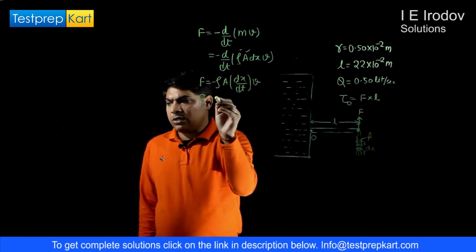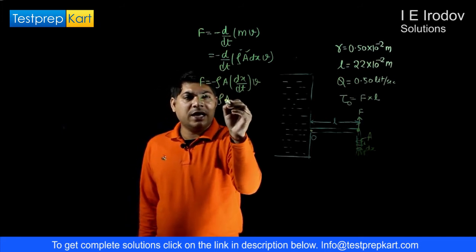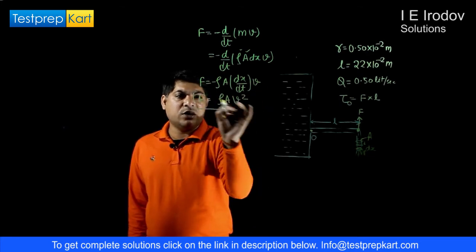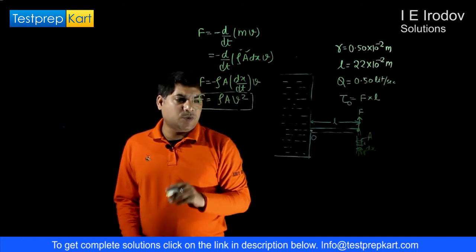So F is equal to rho A V into V, which is rho A V squared. This is the magnitude of the force acting on this point.